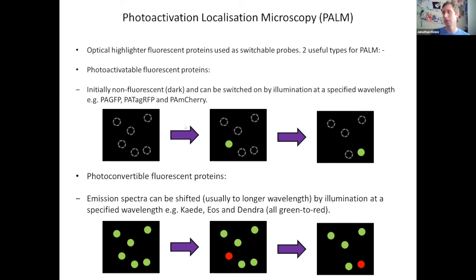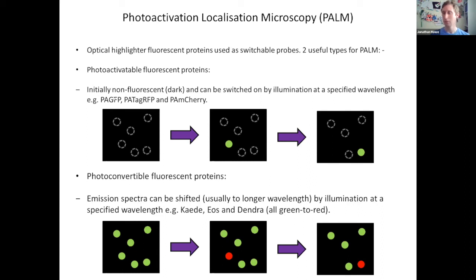So if we start with the photoactivatable fluorescent proteins, what you essentially do here is express in your cells, by transfection or by making a stable cell line, your protein of interest genetically fused with this fluorescent protein, such as PAGFP or PAmCherry. They come in different colors. So when you look down the microscope, say at PAGFP in the green channel, initially you see nothing because all of the, or hopefully all of the, photoactivatable GFP molecules are in the dark state.